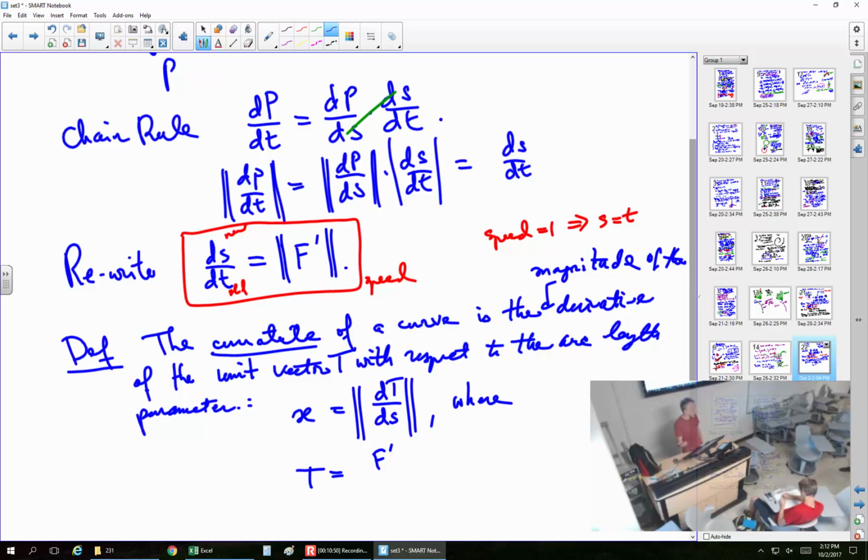How do we make a vector into a unit vector? Divide by its magnitude. So we certainly have to assume, which I should have assumed to begin with, that f prime is not equal to 0. So remember that discussion that we had, that if you want to study a road by taking somebody driving over it and then studying his tape, that person better not stop at any point. Okay, so once again, this is the unit tangent vector.